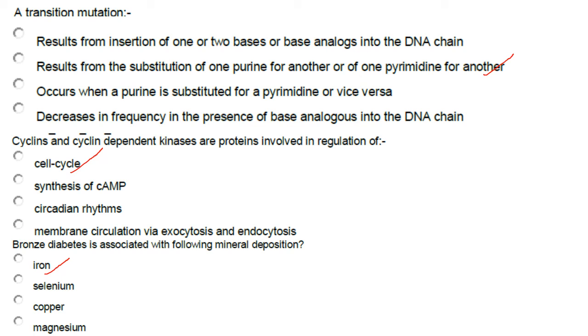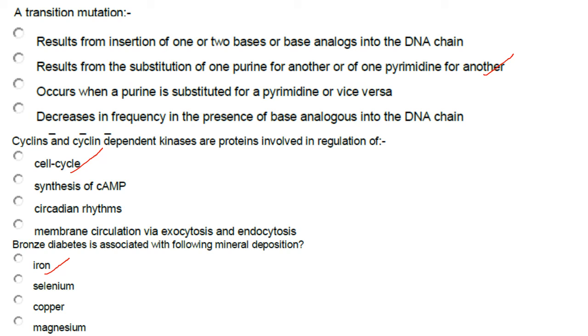Now next one. Cyclins and cyclin dependent kinases are proteins involved in regulation of cell cycle. Bronze diabetes is associated with following mineral deposition. Now bronze diabetes gets its name from the brown hue or the color of the skin that results from the accumulation of iron in the body.